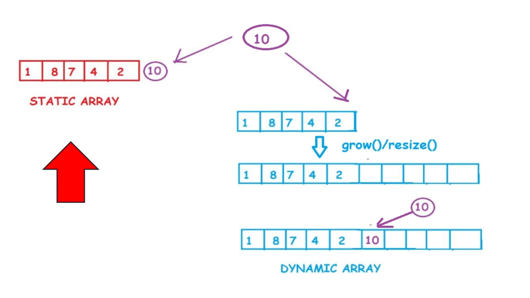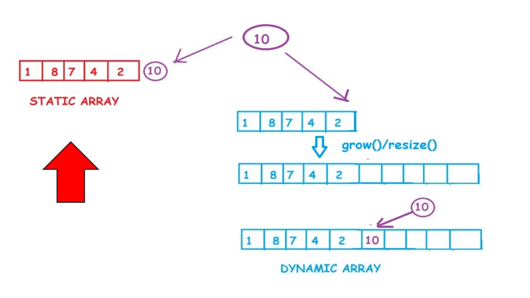So there's a structural difference between the static array and the dynamic array, because we have already defined that the static array is limited in its memory capacity.